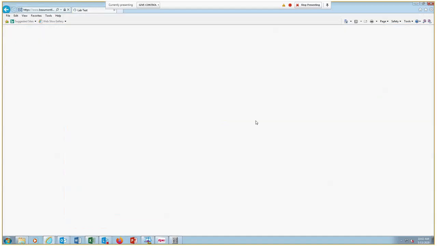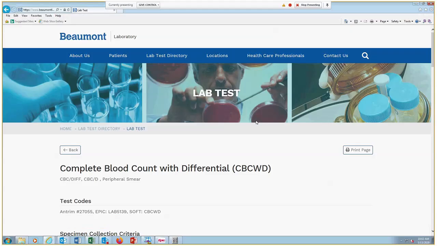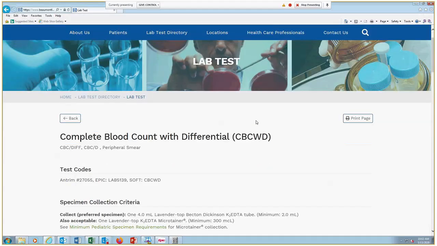Click onto the link. What you're going to find as you look at any test in the lab directory is a similar setup. Where the variance is, depending on the test, it will have some minimal information, which is still everything that you need.